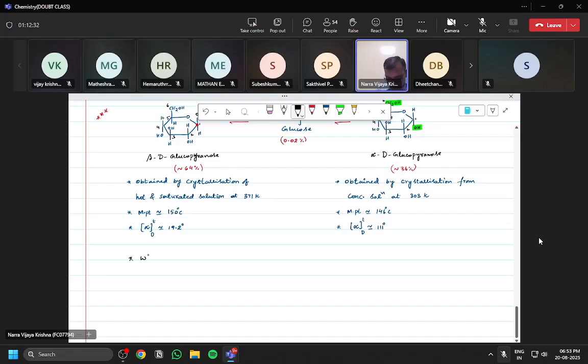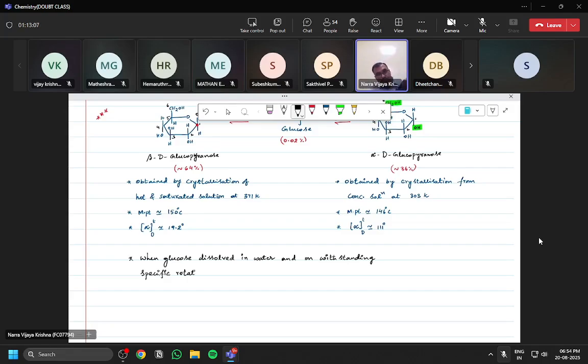When glucose is dissolved in water and allowed to stand, the specific rotation gets adjusted or changes.